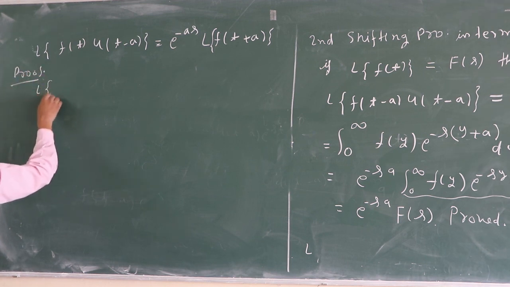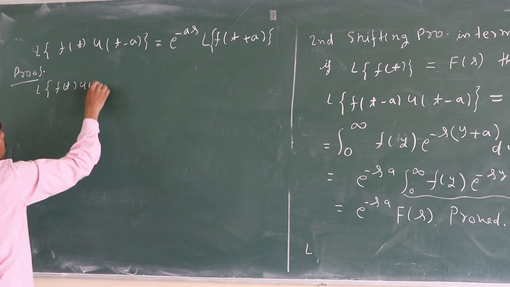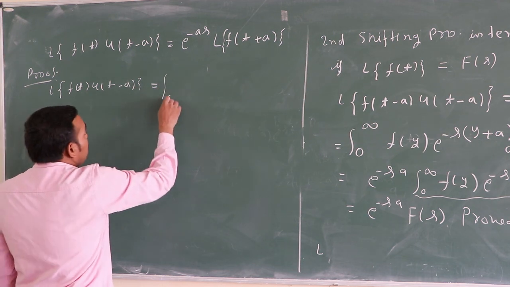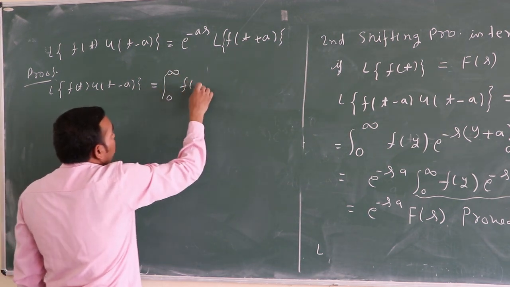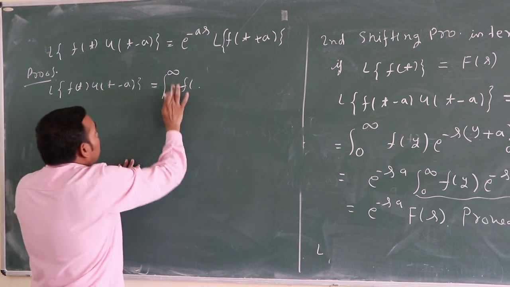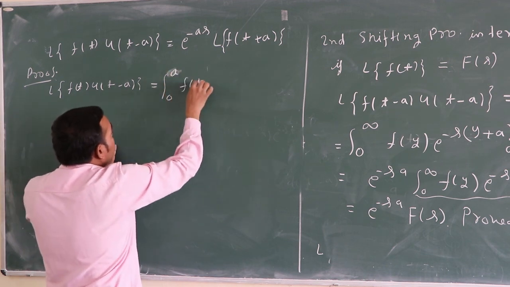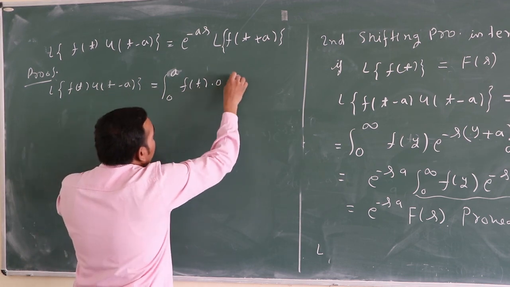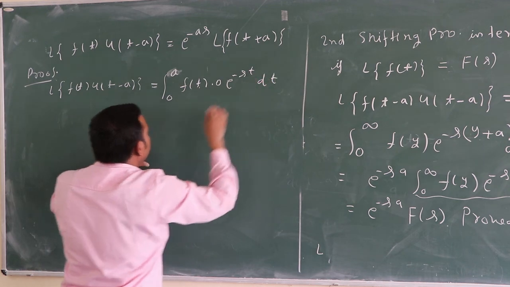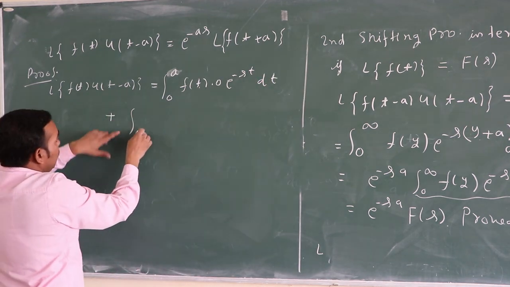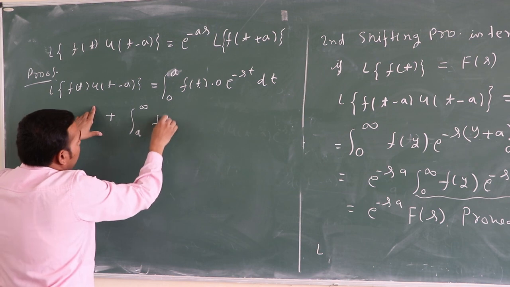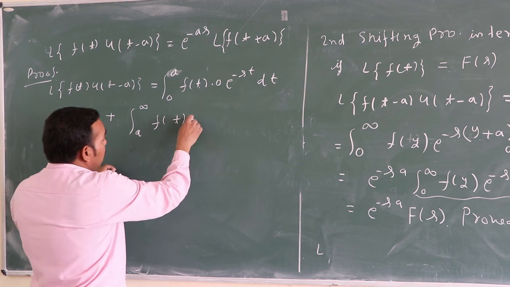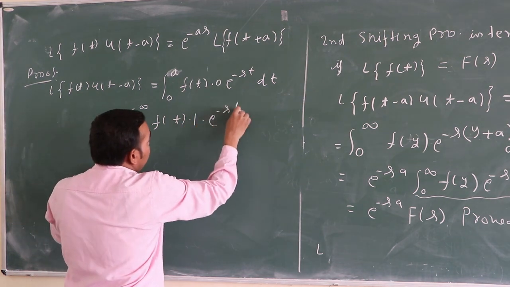Laplace of f(t) u(t minus a) can be written as the integral from 0 to a of f(t) times 0, since u(t minus a) is 0 there, times e to the power minus st dt, plus the integral from a to infinity of f(t), where u(t minus a) equals 1, times e to the power minus st dt.